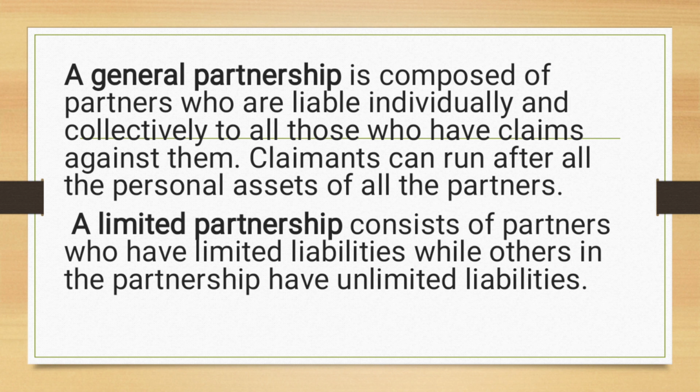So for example, magtukod kog business or magtukod mig business. And then we are 5 and then 3 of the members are general partners and 2 of us are only limited partners. So if the business incurs losses and there are still debts that need to be paid to the bank, the bank can run after the personal assets of the general partners.